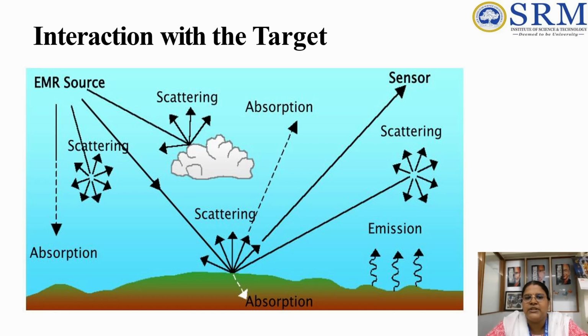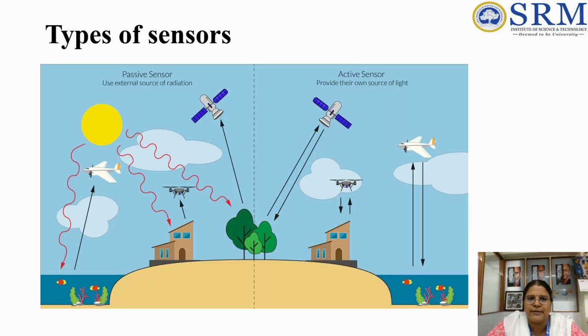In the atmosphere, it will be interacting with particles like dust particles, clouds, etc., and some absorption and scattering will take place. After it passes through the atmospheric particles, it reaches the ground. Once the target on the ground is hit by the energy, scattering, emission, absorption, transmission, etc. will happen, and then the rays are reflected back to the sensor.